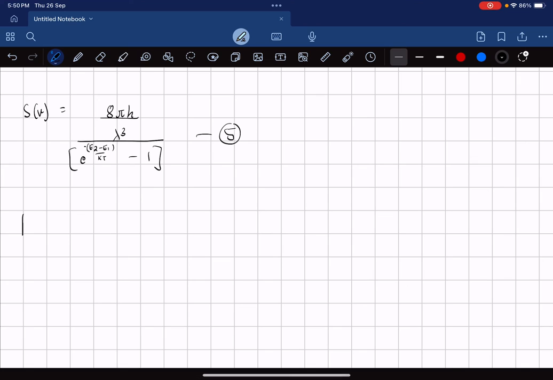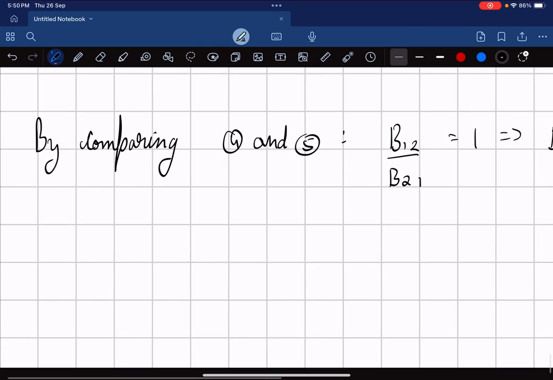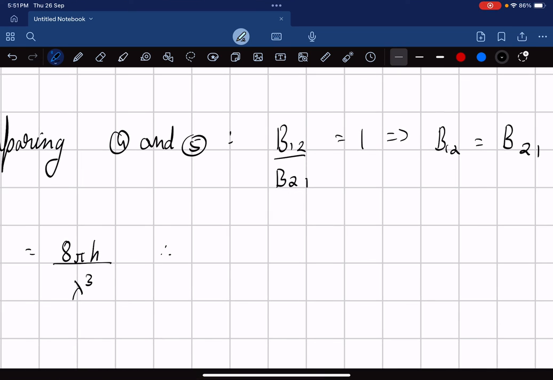Okay, now lastly, comparing 4 and 5, B12 over B21 is equal to 1, which implies B12 is equal to B21, and A21 over B21 is equal to 8 pi h over lambda cubed, and therefore A21 is equal to 8 pi h over lambda cubed times B12.